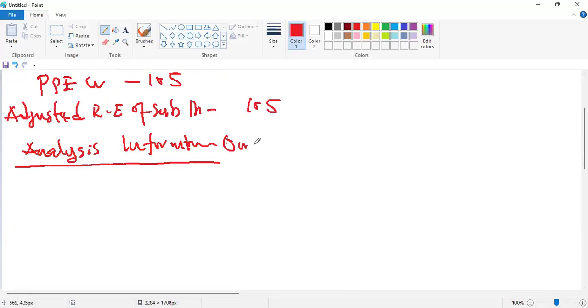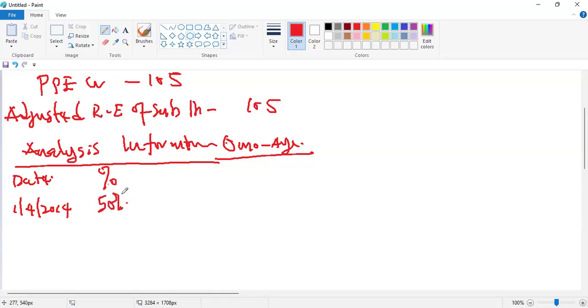Omaye: the date he acquired, the first investment, on 1st April 2014. Percentage acquired, 50%. Good.